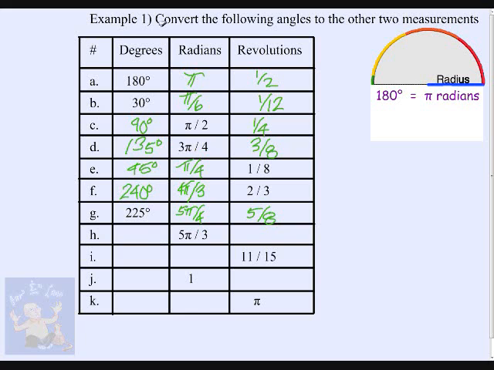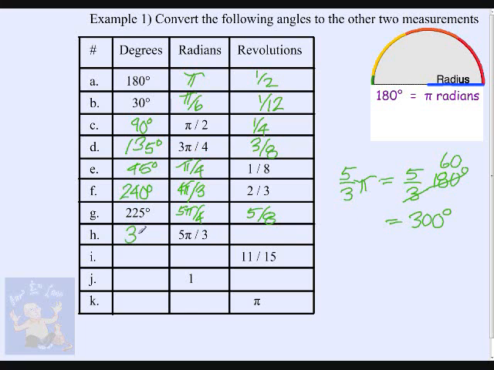Let's try this one. We know what we've got for radians. Let's figure out what we've got for degrees. If we've got 5/3 pi for radians, that's going to be 5/3 of 180 degrees. And that will become 60. So it'll be equal to 300 degrees. Does that make sense to us?